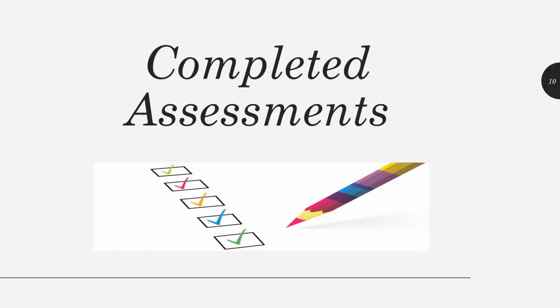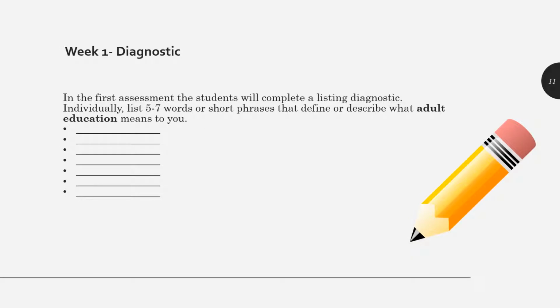Now that we have finished reading this scenario, we have created 3 assessments. Week 1 Diagnostic. In the first assignment, we will complete a listing diagnostic. Individually, we will list 5 to 7 words or short phrases that define or describe what adult education means to us.